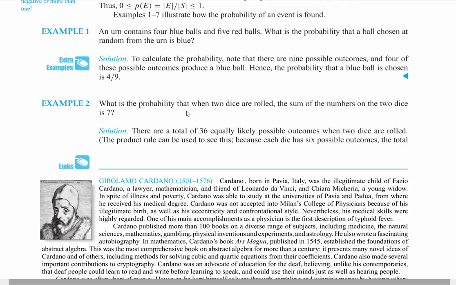Now we're definitely counting. So if you roll 2 dice, how big is the sample space? How many possible outcomes are there?